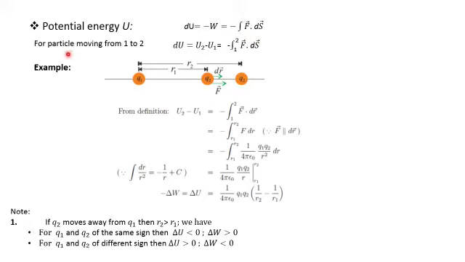And if the particle is moving from position 1 to position 2, then we can write this relation: dU is equal to U2 minus U1, equal to minus integral F dot ds. Here U1 is the potential energy at position 1 and U2 is the potential energy at position 2.